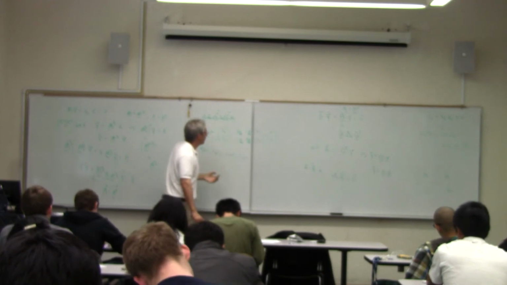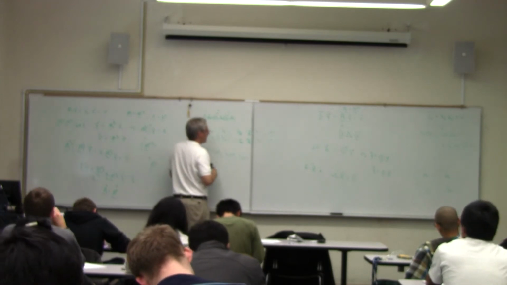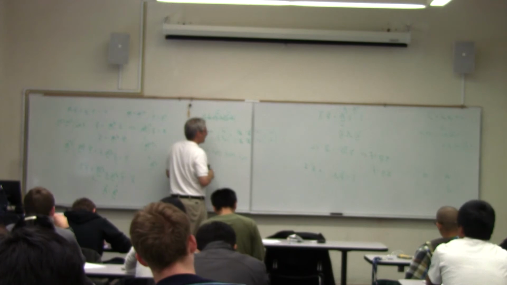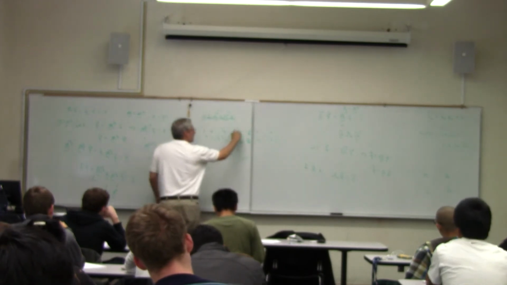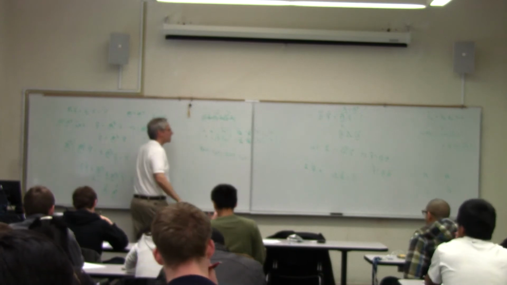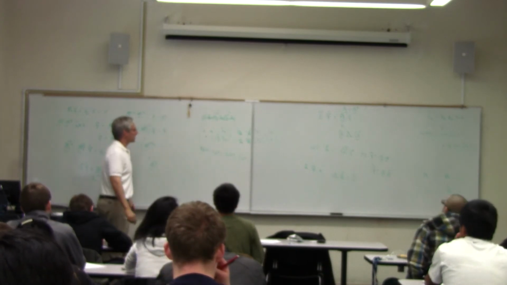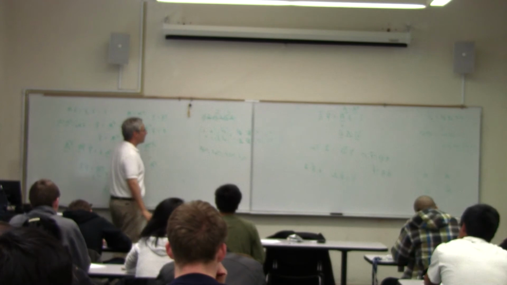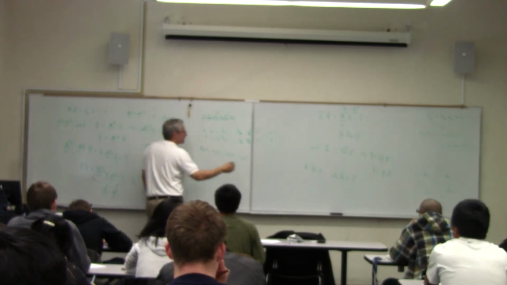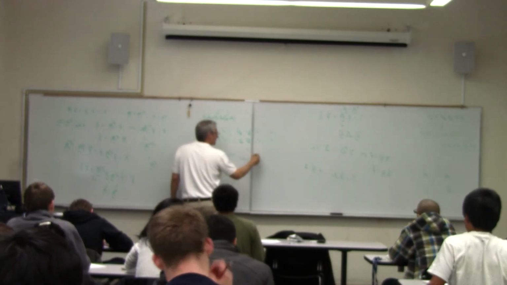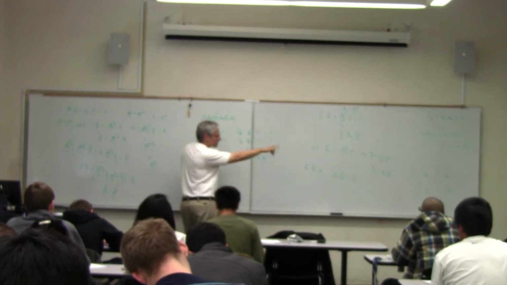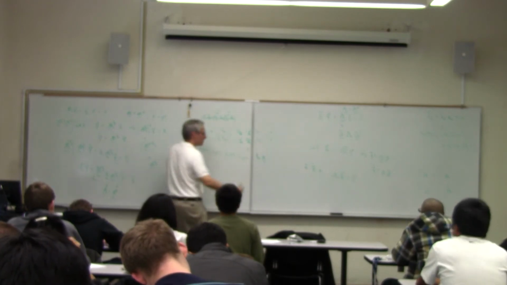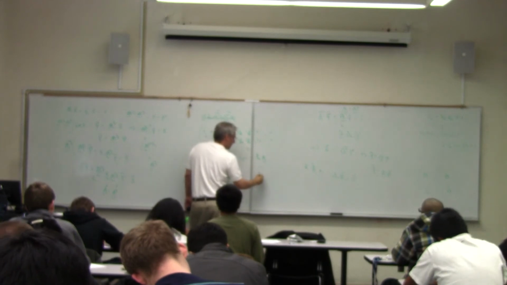I could bring the k over m out front, and we can use what we know already about the eigenvalues and eigenvectors of this matrix that we just calculated. So, in fact, we can say that this matrix right here is k over m times the A, which I solved previously, right?